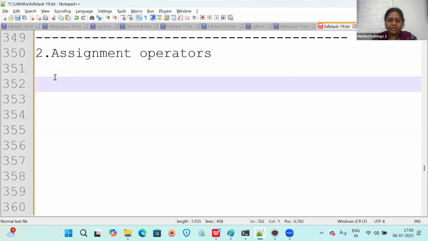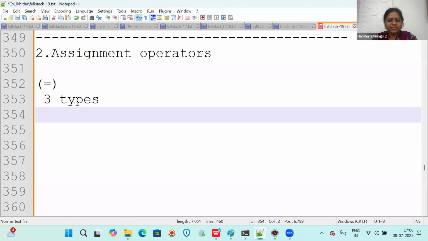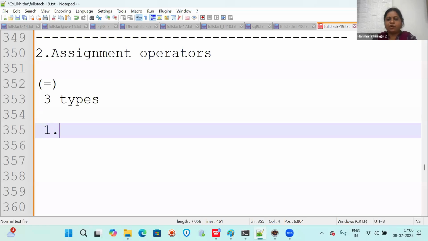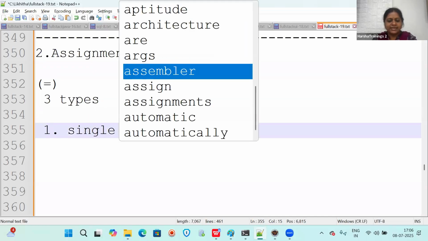In this assignment operator, we have 3 types of assignments. The first type is single assignment. What is that?